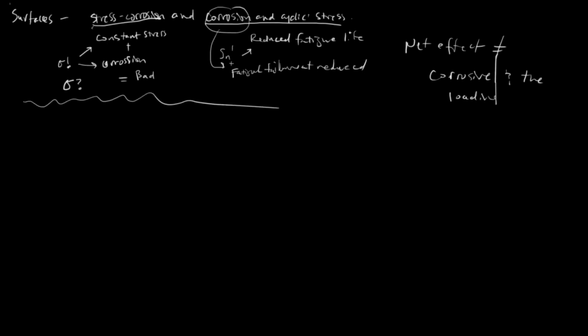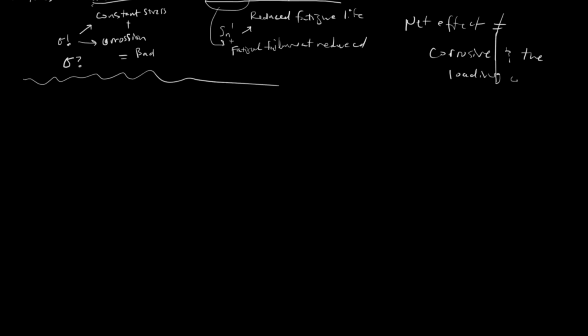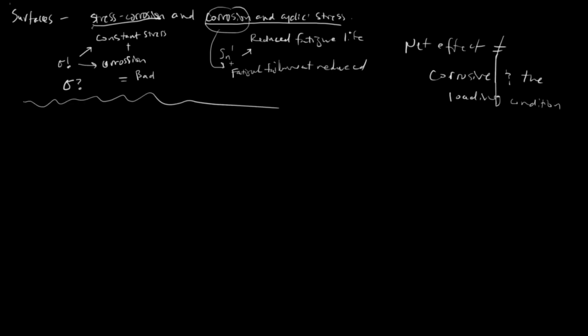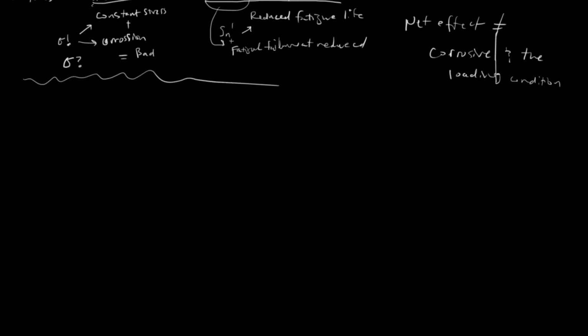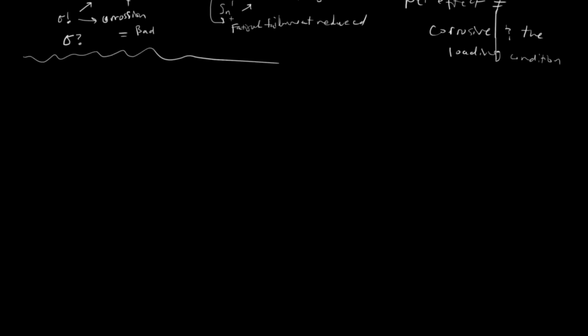Sorry about this. Okay, so the net effect is not equal to the sum of the independent effects. So what we have to do is get some ballpark numbers for what that is.